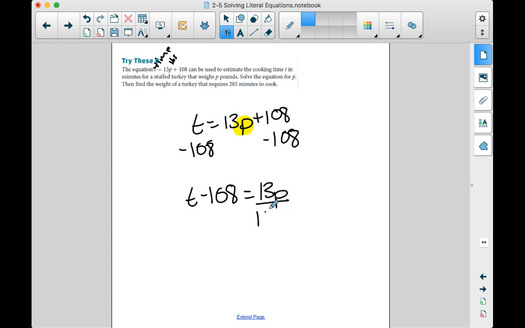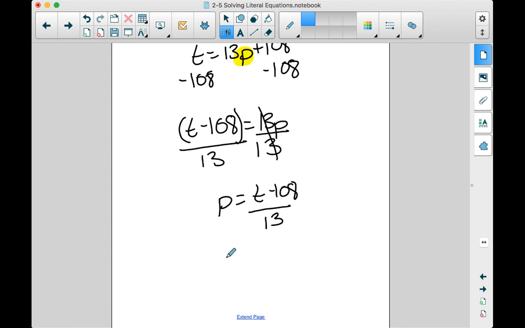Then I'm going to divide by 13. This acts like it's all together in a group, so I divide that whole thing by 13. That cancels. Okay, so I have p equals t minus 108 divided by 13, or I could write it as p equals t divided by 13 minus 108 divided by 13.